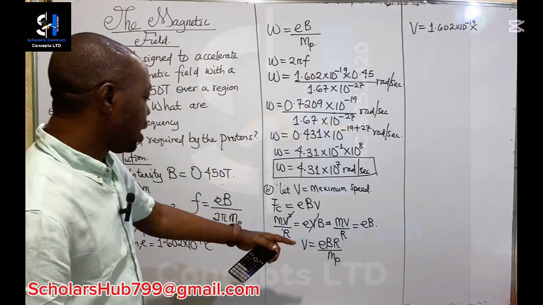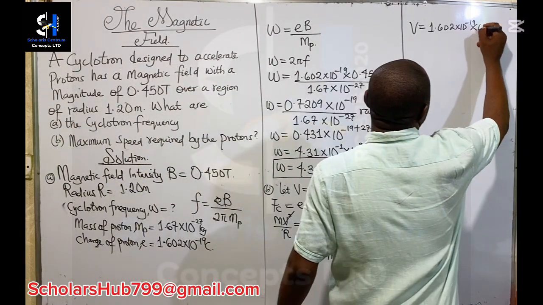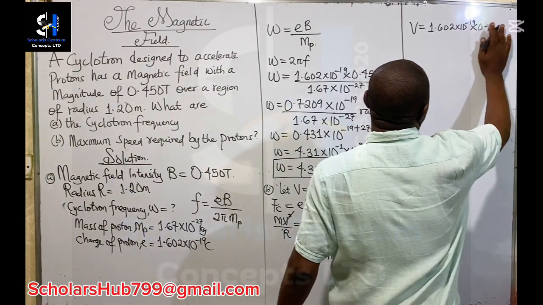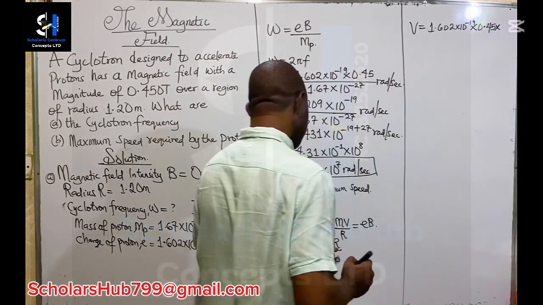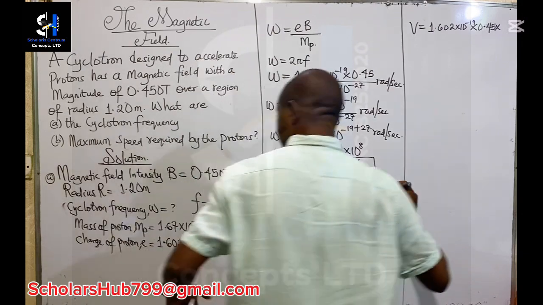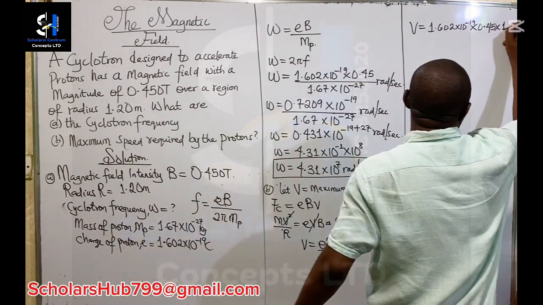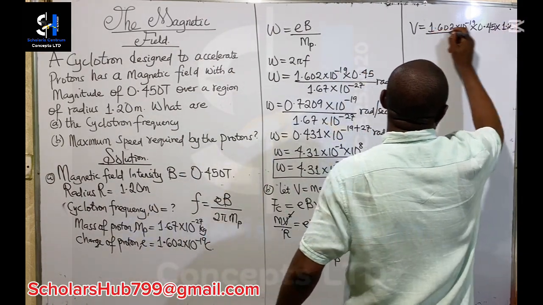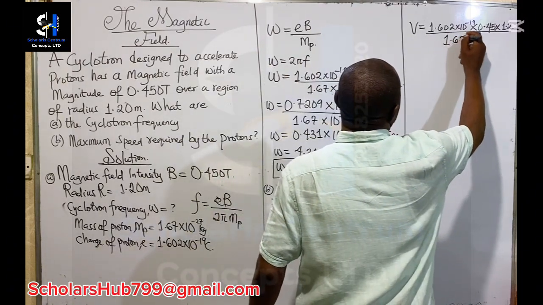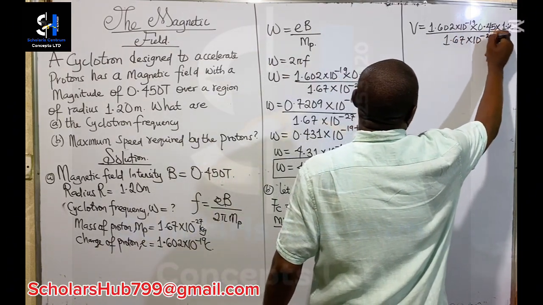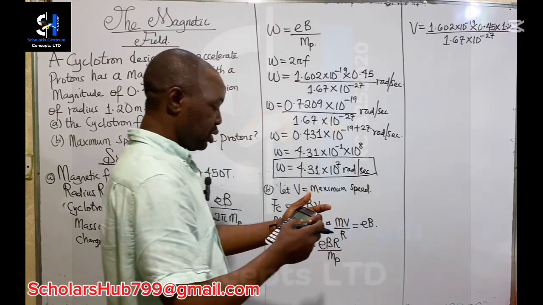The magnitude of the magnetic field is 0.45. Then multiply by the radius, which is 1.2, all over the mass of the proton, which is 1.67 times 10 raised to the power of minus 27.